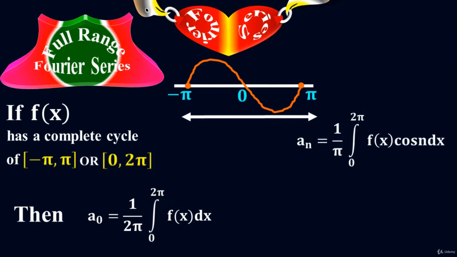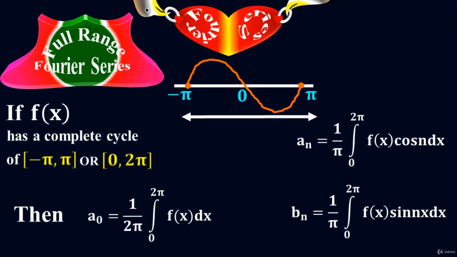Similarly, I have a sub n equals 1 over pi times the integral of f of x times cosine n x dx with a range from 0 to 2 pi, and also b sub n, which equals 1 over pi times the integral of f of x times sine n x dx with a range from 0 to 2 pi. So here I don't talk about the even and odd function or half-range sine series or half-range cosine series.